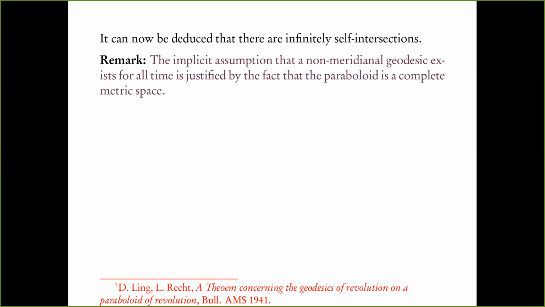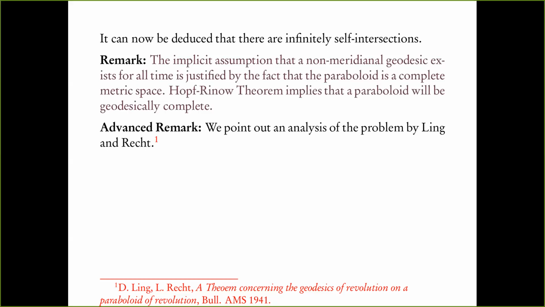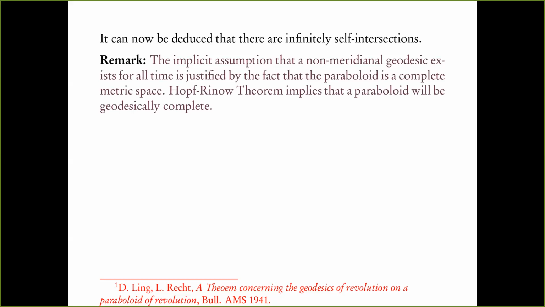There are other criteria, but this is one of the equivalent criteria. Remember, a paraboloid is a complete metric space as a subset of R3, and by Hopf-Rinow it is going to be geodesically complete. What that means is that if you have a geodesic defined on the paraboloid, it's going to be defined for all times. Hence, we could have made that assumption that the geodesic is defined on all of R. So that's the remark.